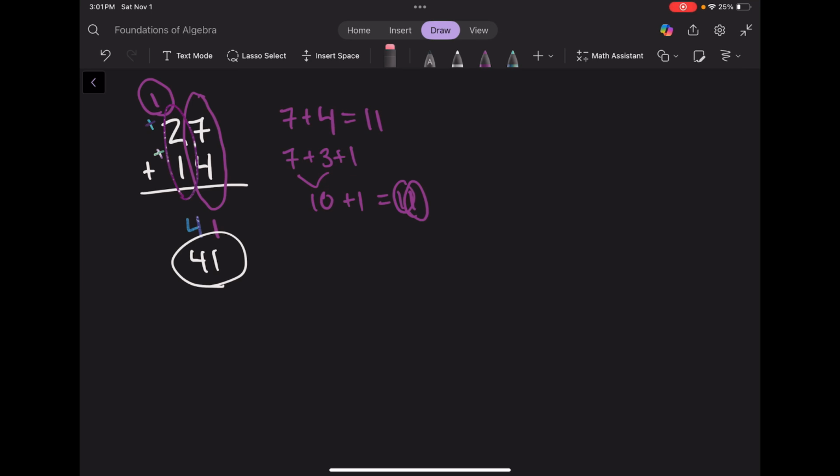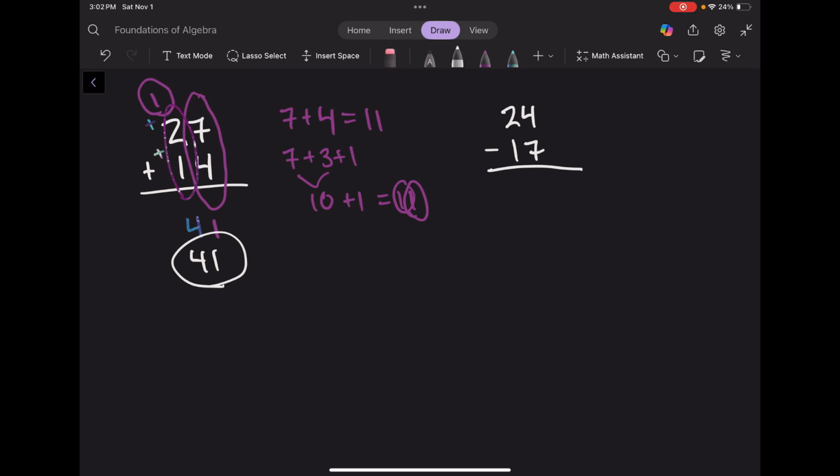Let's say I have 24 minus 17. It's kind of hard to picture 4 minus 7, which is -3, right? But this time we have 24, so it kind of makes it a little difficult to perform that operation right away.